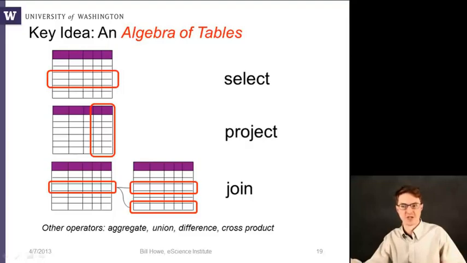Right? Select, project, and join. And there are other operations you can define, such as aggregation, and all sorts of set operations derived from set theory: union and difference and cross product and so on. If you write your expression out in terms of these operations, it's very clear what it means, and for software engineering purposes, it allows the database designers to focus on just implementing these operations efficiently.